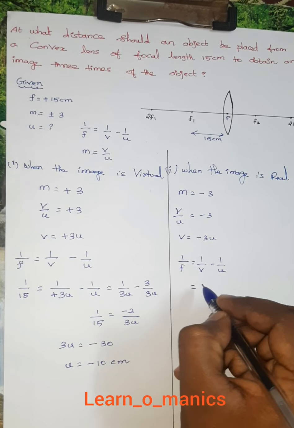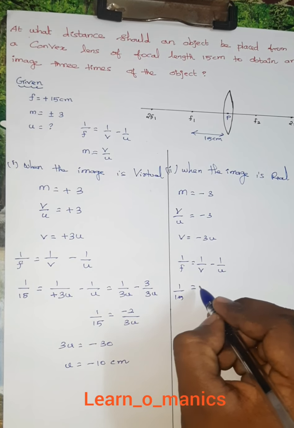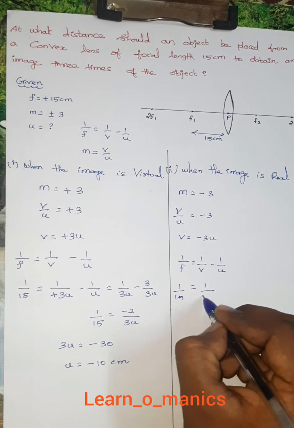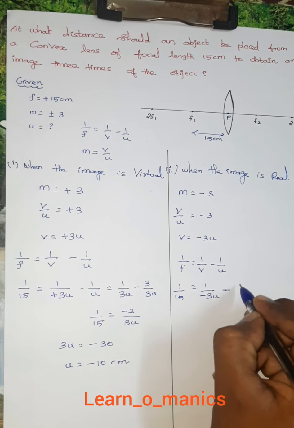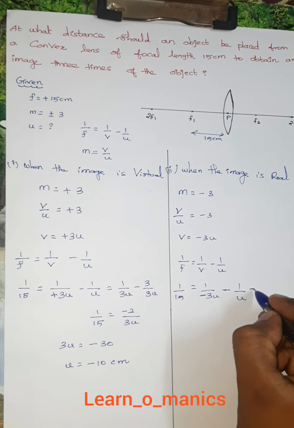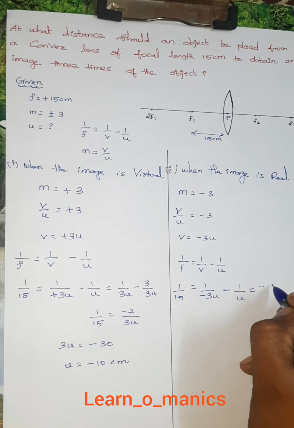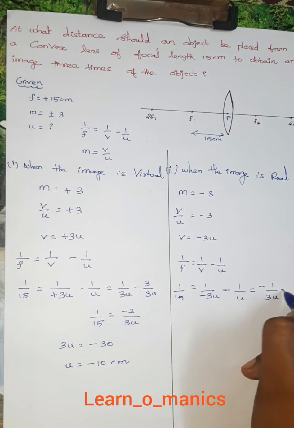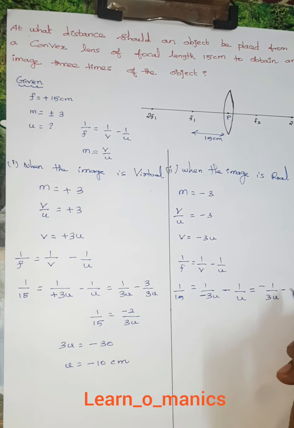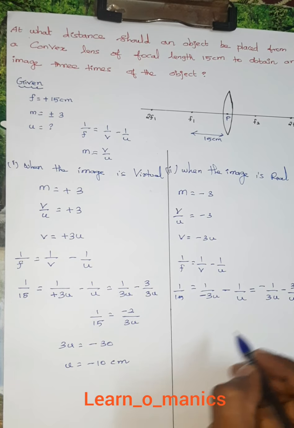Then in terms of v, I am going to use the same 15 for f, and for v it is minus 3u, and again minus 1 by u. Then as per the LCM, before that I transfer the denominator's minus to the numerator. So minus 1 by 3u minus 1 by u, with LCM it will be minus 1 minus 3, which becomes minus 4, right?